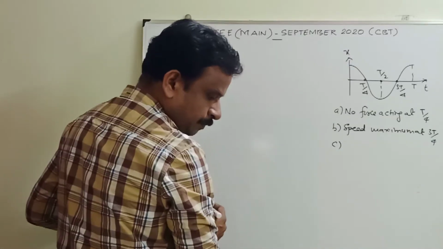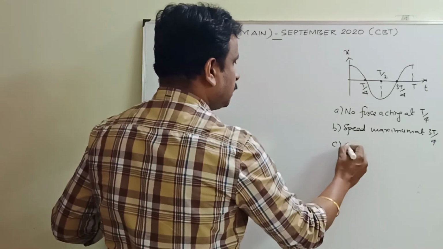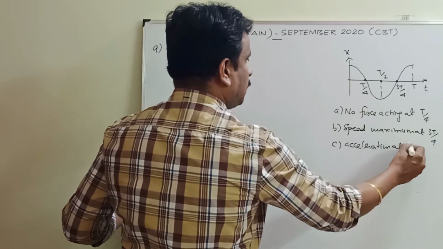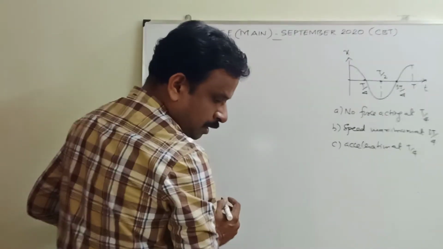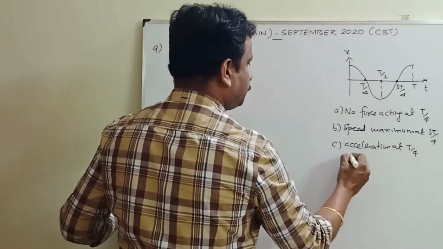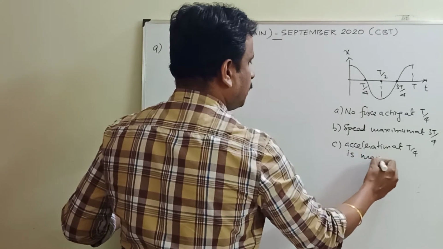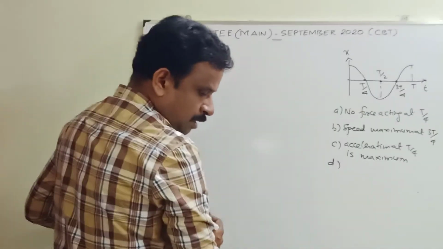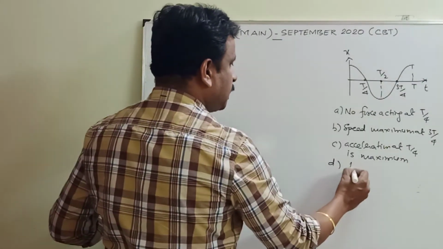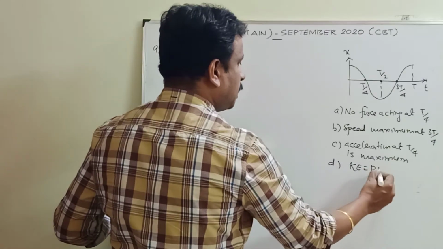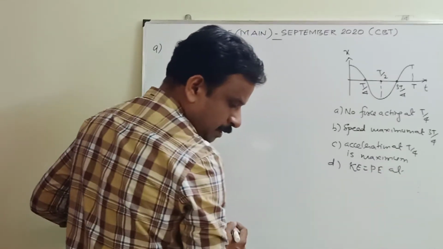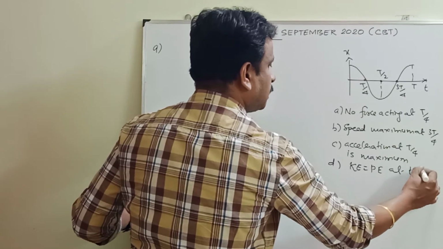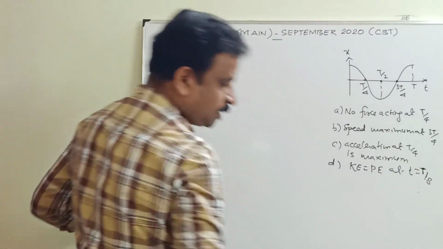Third statement is acceleration at T by 4 is maximum. And the last statement is kinetic energy is equal to potential energy at t equal to T by 8. These are the options.